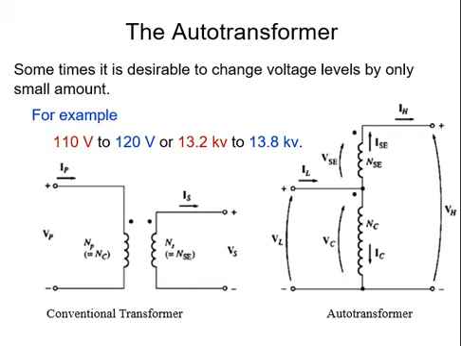As you can see from the two figures, on the left hand side there is a conventional transformer, where one is the primary winding and the second is the secondary winding.